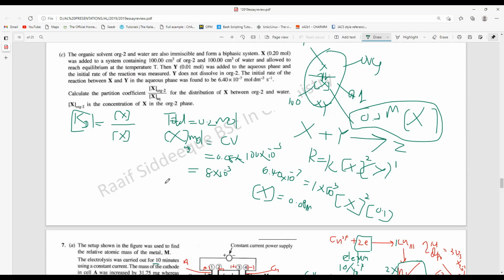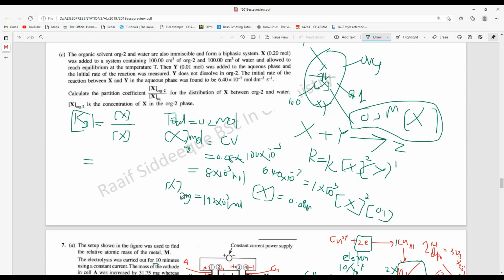That is in aqueous. So what is the amount in organic? In organic, it will be 0.2 moles minus 8 into 10 to the power minus 3 moles. So basically, if I write it with the 10 to the power factor here, it will be 200 times 10 to the power minus 3 minus 8 into 10 to the power minus 3. So it will be 192 times 10 to the power minus 3 mole.